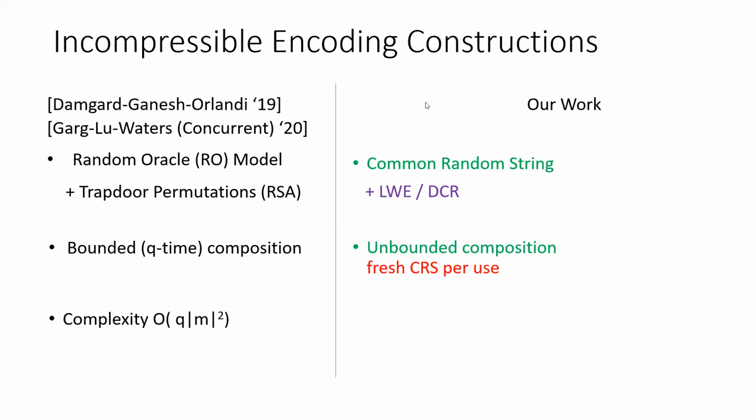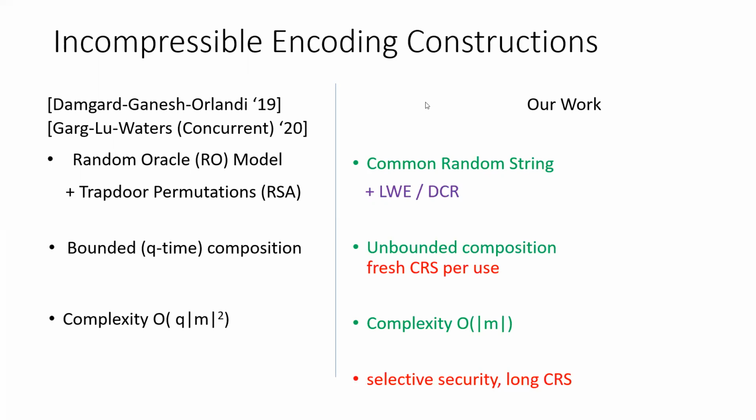We get a construction with unbounded composition. You can compose as many code words as you want, but you do need a fresh CRS for each composition. So we're in this common reference string model, common random string model. You need a fresh common random string for each encoding. And lastly, the complexity of the construction is just linear in the message size rather than quadratic.